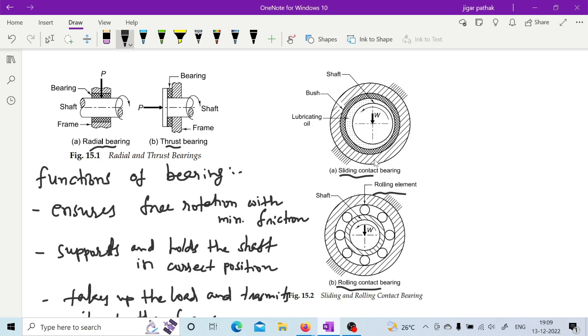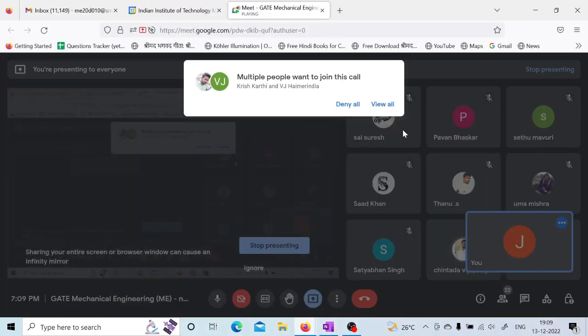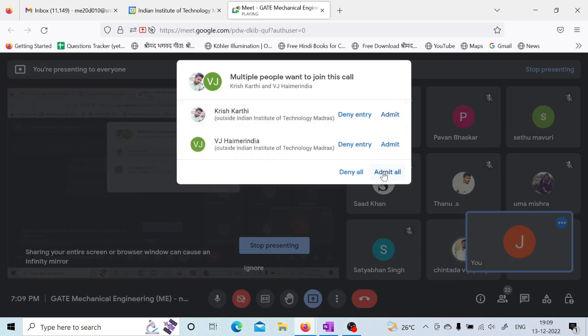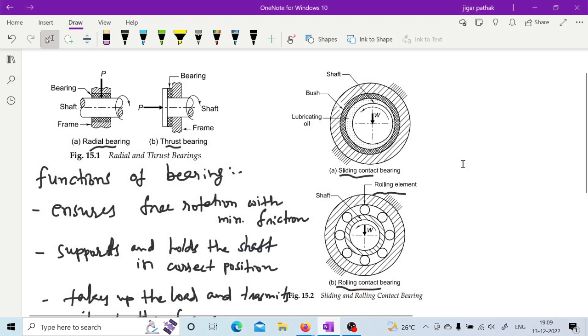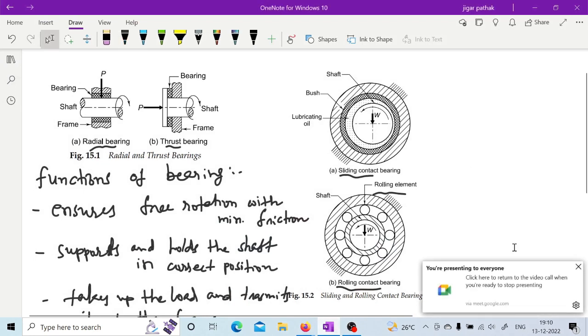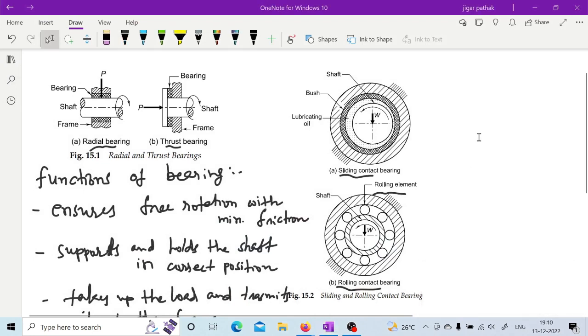Similarly, in a sliding contact bearing there will be some sliding friction. As we can see in this figure, there is a bush, and it is also known as a journal bearing.